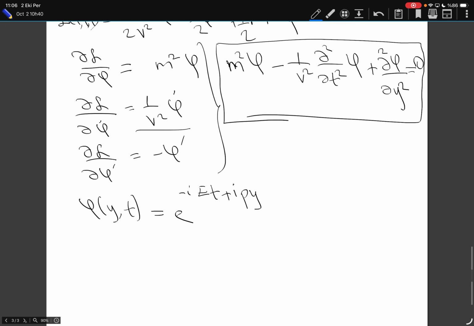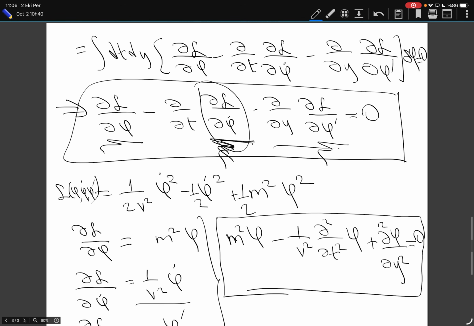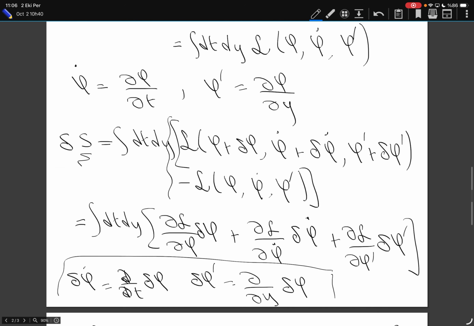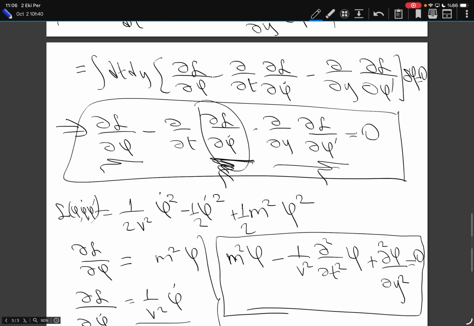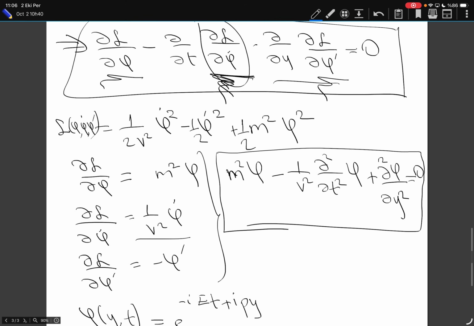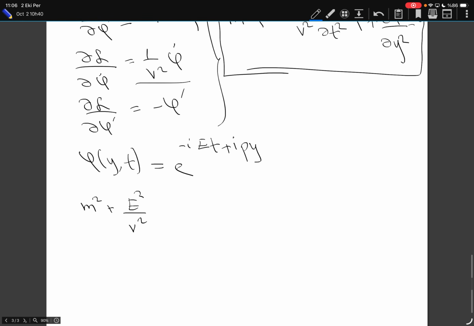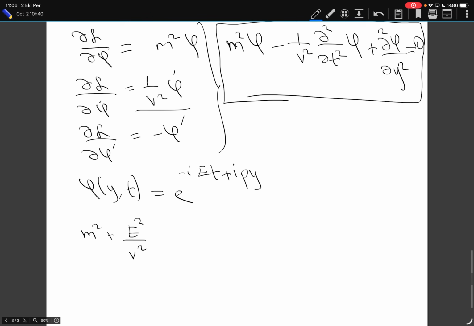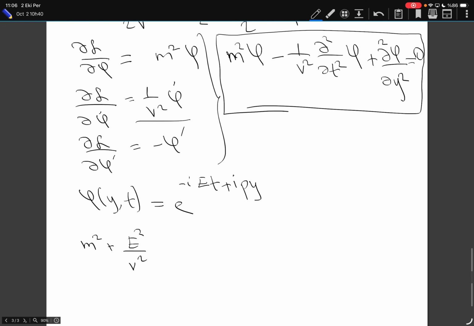If I put this in my equation, what I will get is m squared plus E squared over v squared, and then I have minus p squared. This is equal to 0.